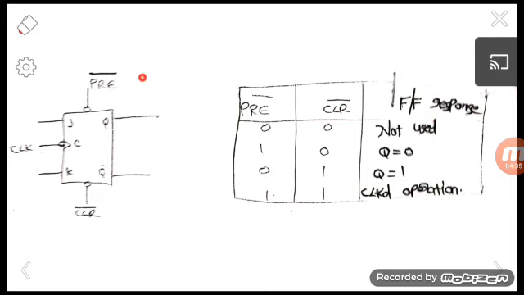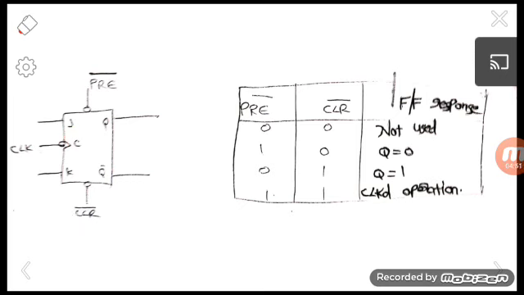Here we are taking an example of a JK flip-flop. J and K are the synchronous inputs, and it is also a clocked flip-flop. Preset bar and clear bar are our asynchronous inputs.